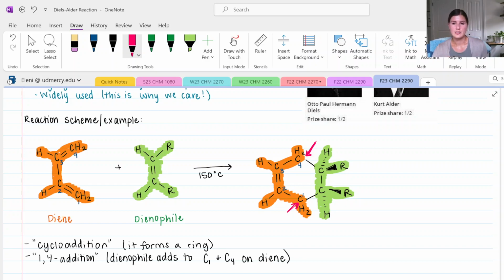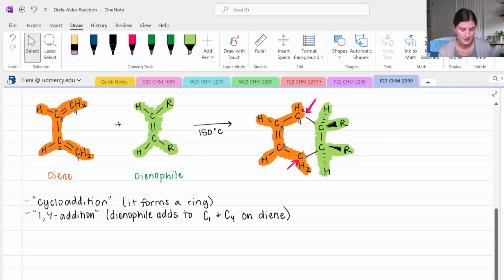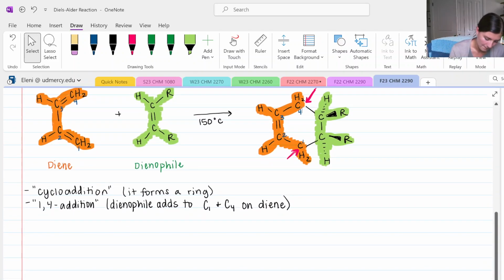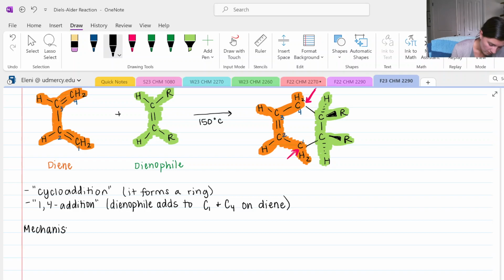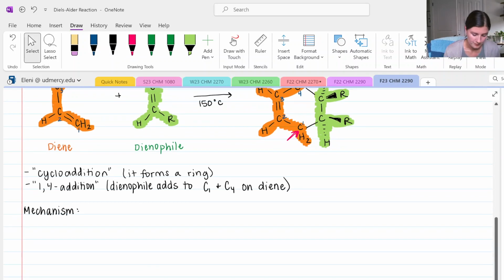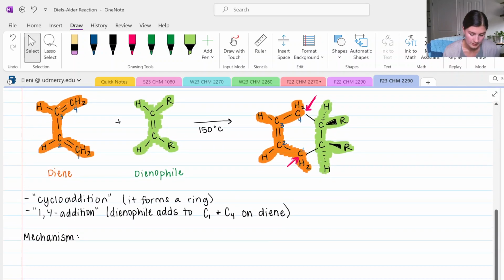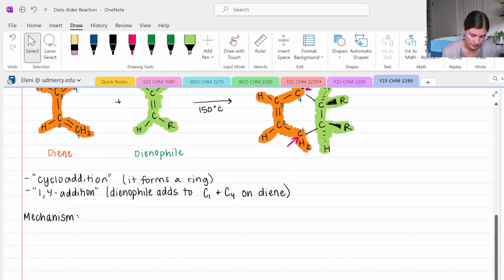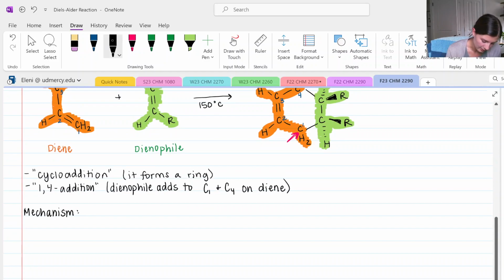So this is the reaction scheme that overviews what's occurring in the reaction, just the reactants and the products. Let's now write out a mechanism so we can really understand where electrons are flowing and how these new bonds are being created. Going to draw the same diene and dienophile.